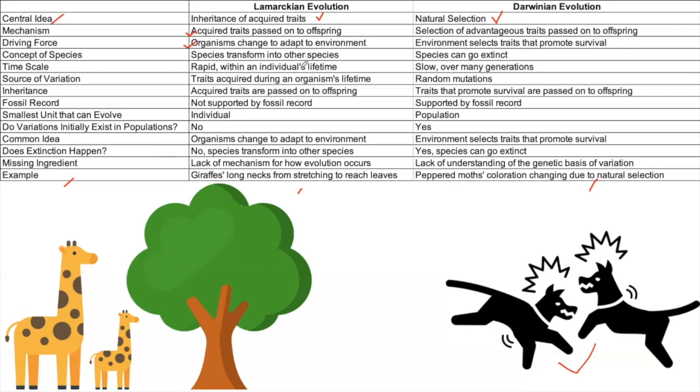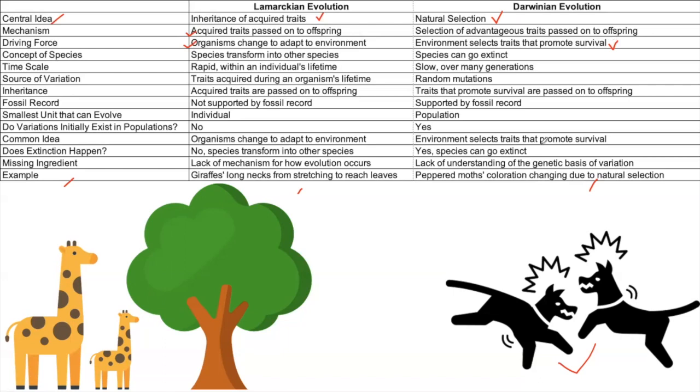On the other hand, the driving force for Darwinian evolution is that the environment selects the traits that promote survival. This means that the environment in which organisms live will determine which traits are most advantageous for survival.